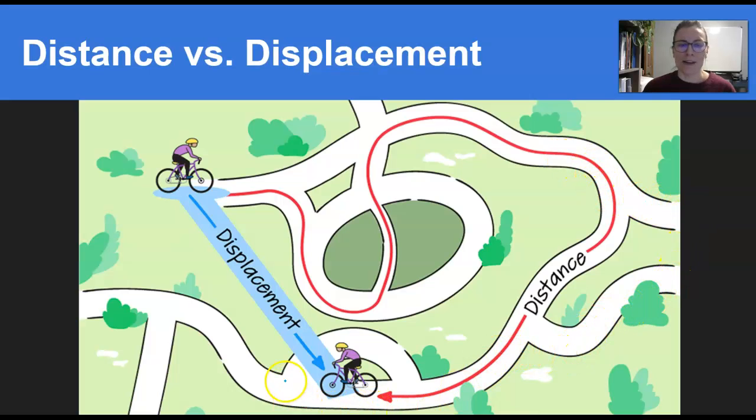And by the time you got to the end of this path over here, your distance is going to be much longer than your actual displacement, because your displacement is simply the distance from your starting point to your ending point.